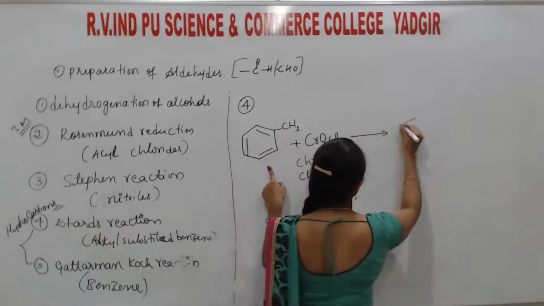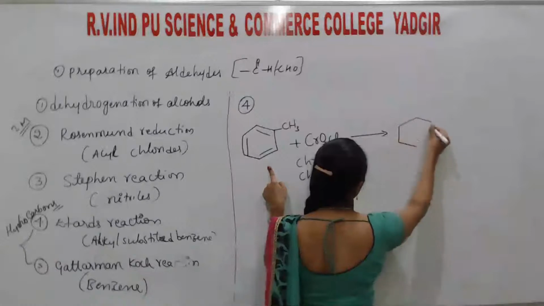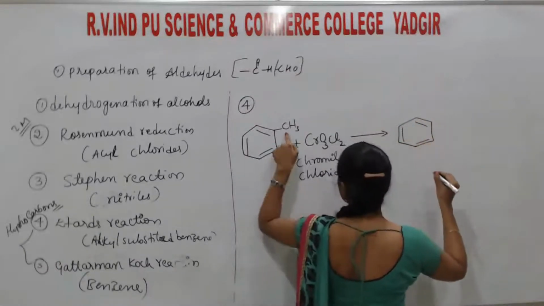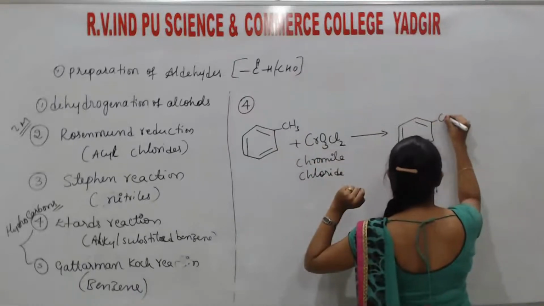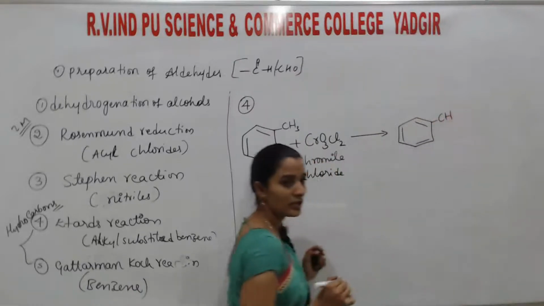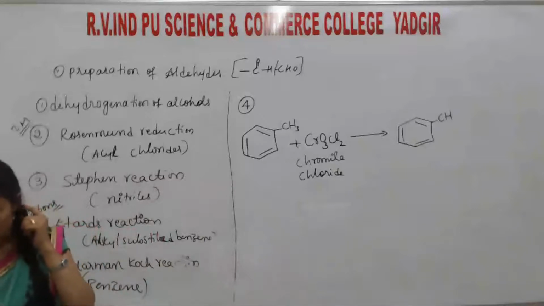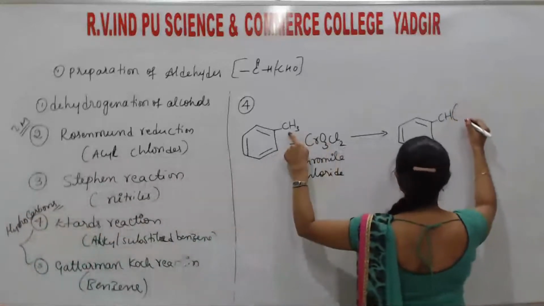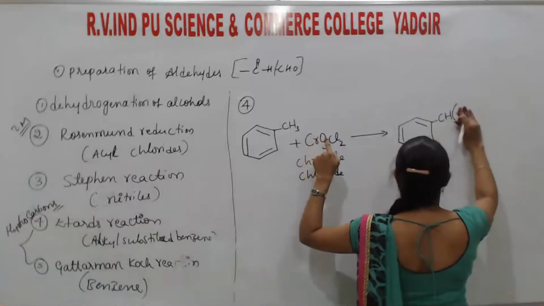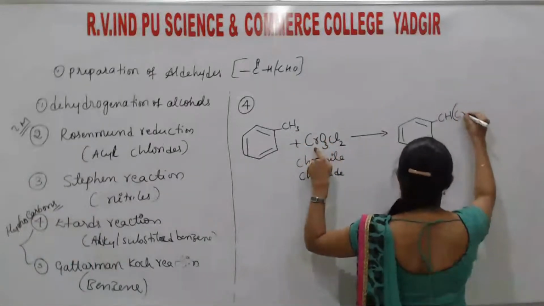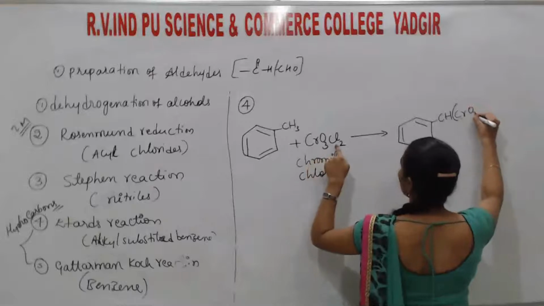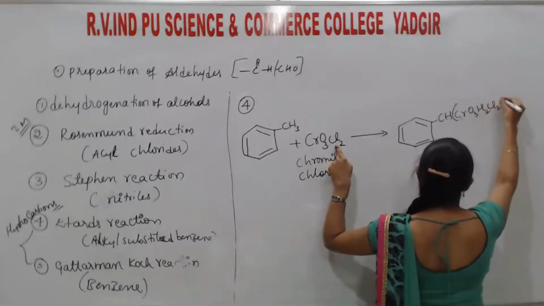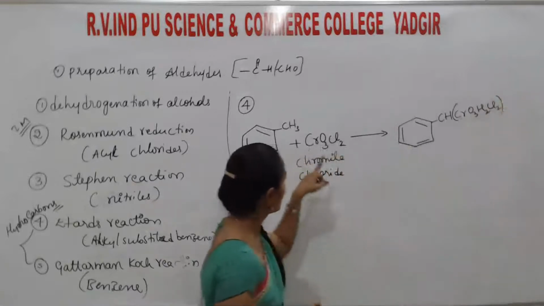Initially, this one is completely attached here. 2 hydrogen atoms of the CH3 are replaced, or rather this is completely added here: CrO2Cl2. Are you getting?